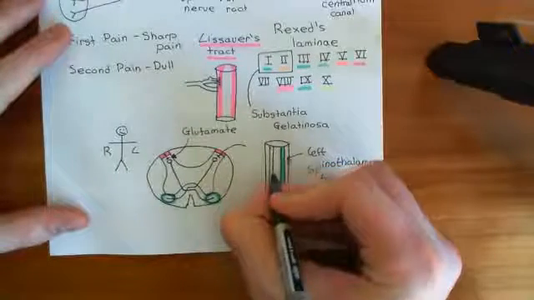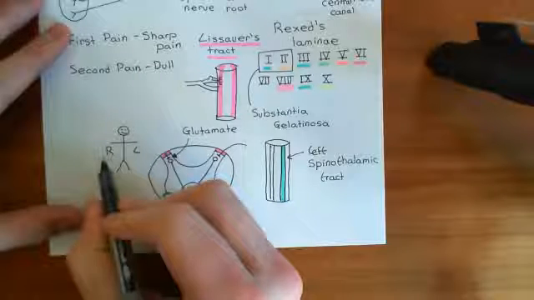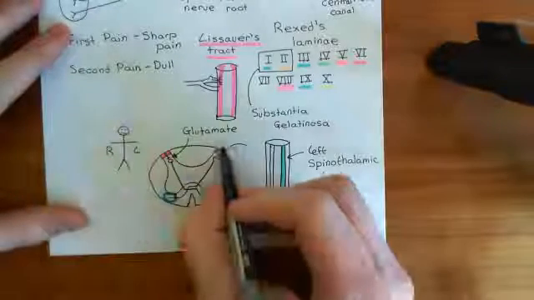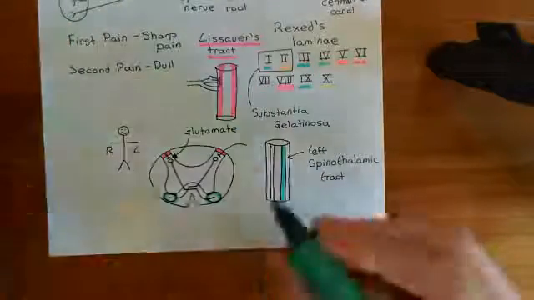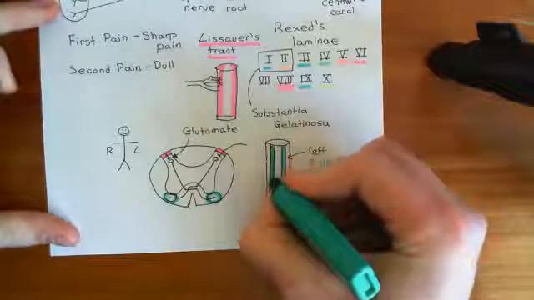Whereas the pain neurons from the right side of your body will be ascending in the left side of your spinal cord, in your left spinothalamic tract. So that's the spinothalamic tract done.